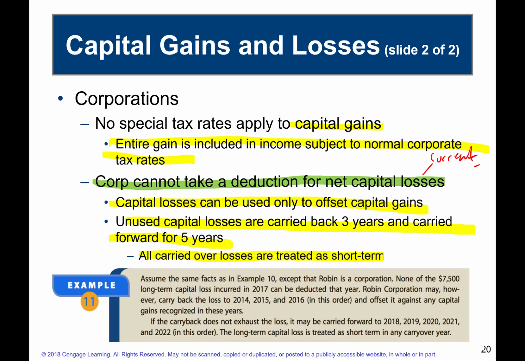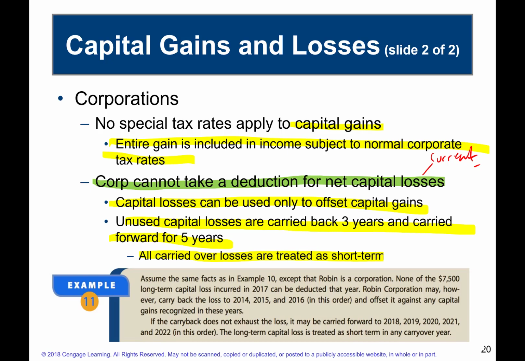It would be easier for them just to insert the rates again into their short and long term provisions. So it's a little bit of a weird thing that Congress did with the law just to annoy us. At the end of the day, everything is taxed at the corporate rate, whatever it is, below 20% coming up here, regardless of whether it's short term or long term.